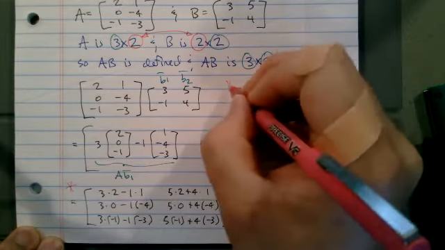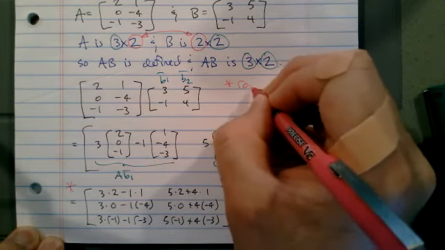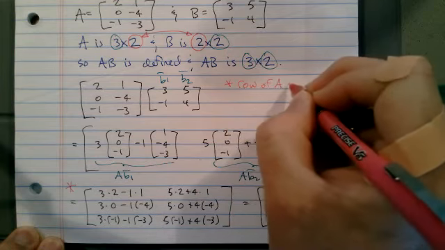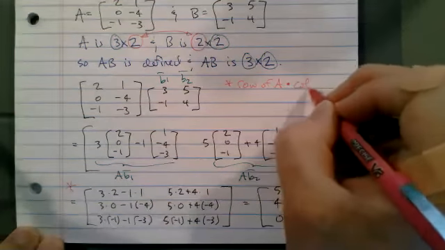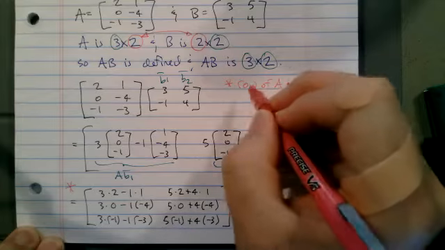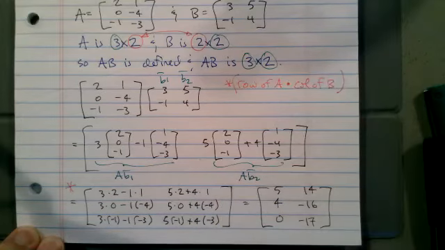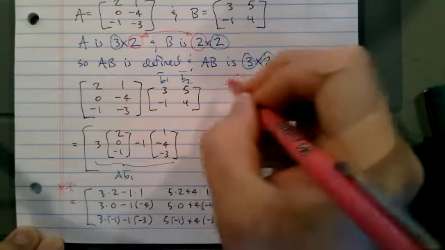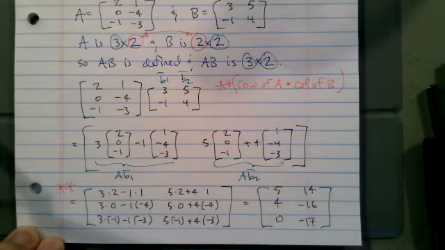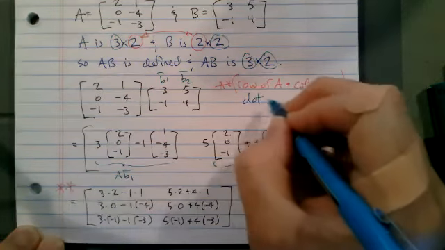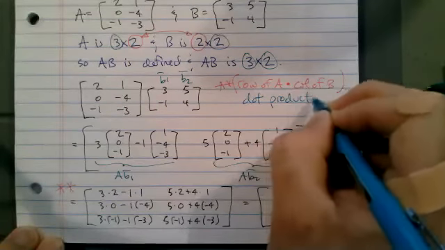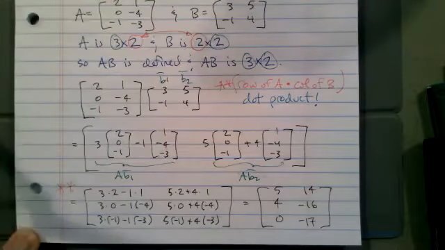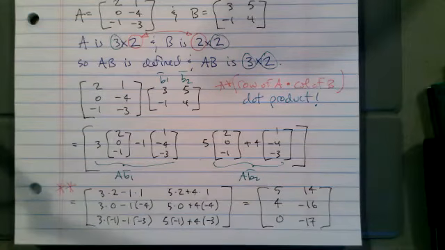Down here, we're thinking rows of A dot column of B. Dot product. You find the dot product of a row of A and a column of B. And those will be the columns of AB. So that's how matrix multiplication works.